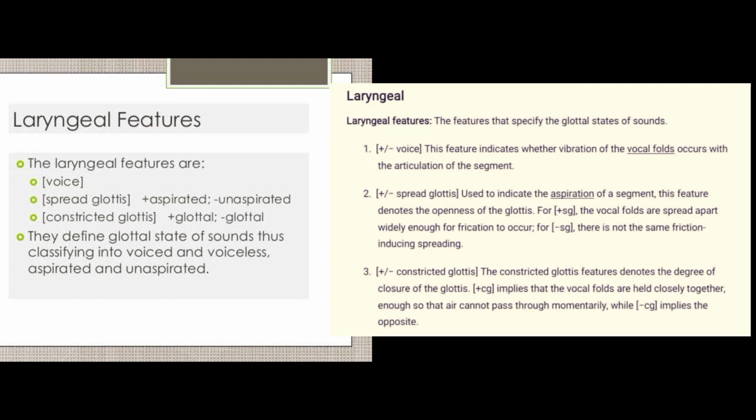The constricted glottis feature denotes the degree of closure of the glottis. Positive CG implies the vocal folds are held closely together, enough so that air cannot pass through momentarily, while negative CG implies the opposite.